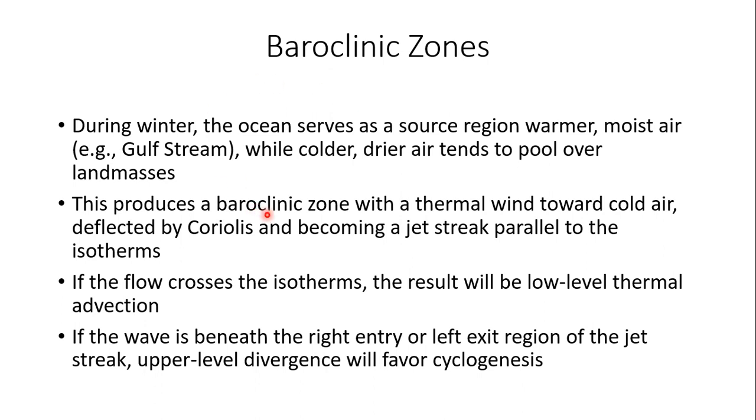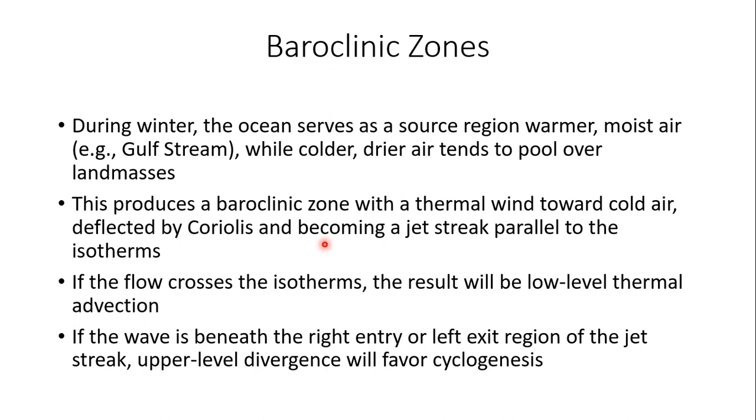So baroclinic zones, what we're looking for here is large thermal or temperature contrasts. Those are the zones at which areas of low pressure and cyclogenesis occur. Now, baroclinic zones are not confined simply to the ocean basin over warm ocean currents in the winter with cold air moving over them.